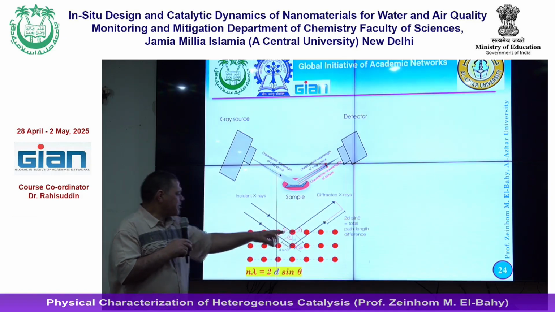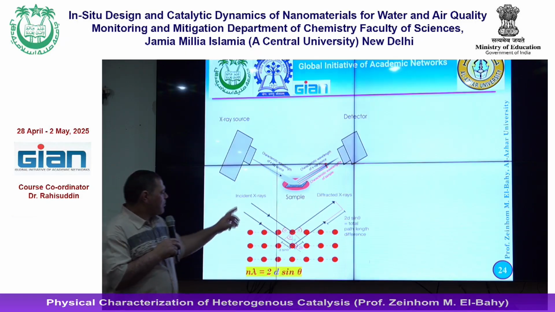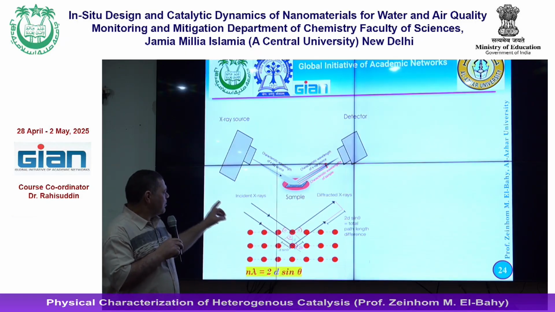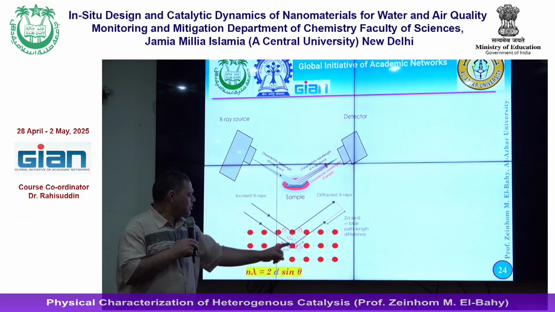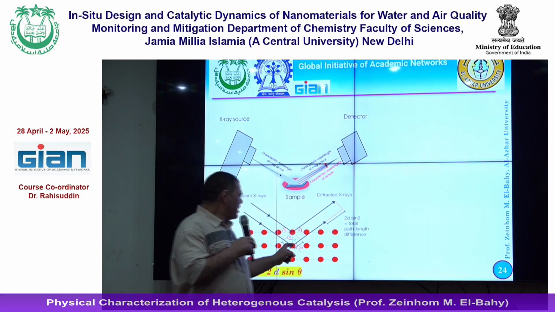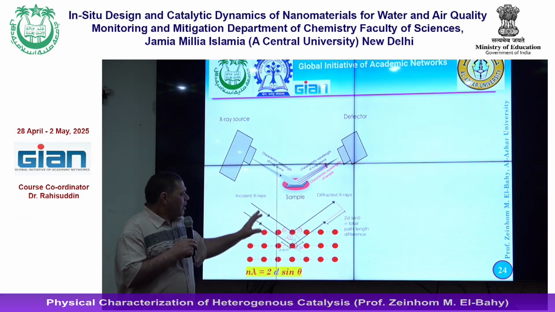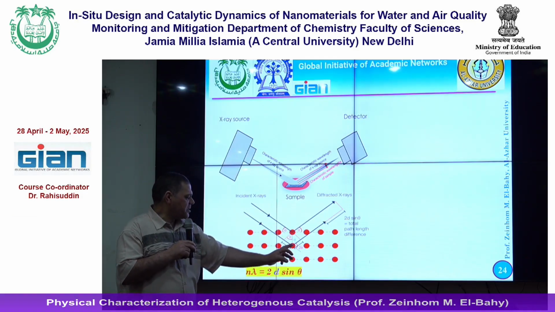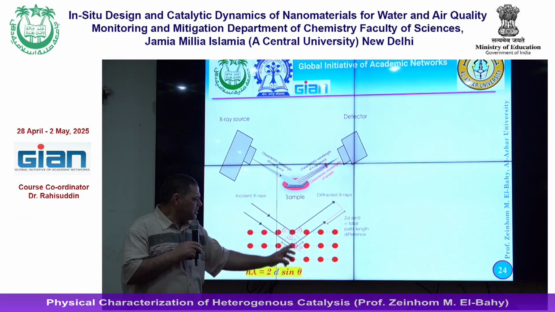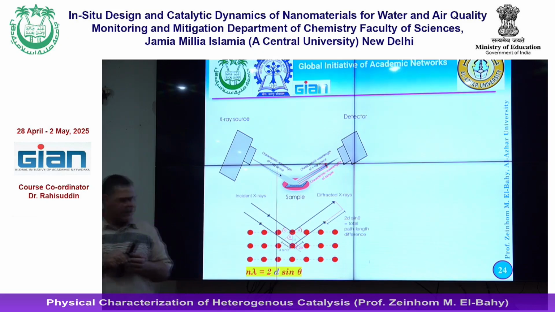These are planes: the first plane, second plane, and so on. This is the incident X-ray. It goes to the first plane, and this goes to the second plane, and they are reflected and detected here. The d-spacing is this distance. We can determine this d-spacing from the difference in these path lengths.